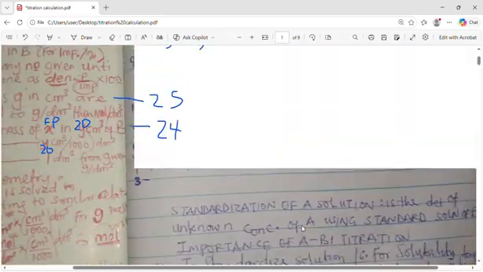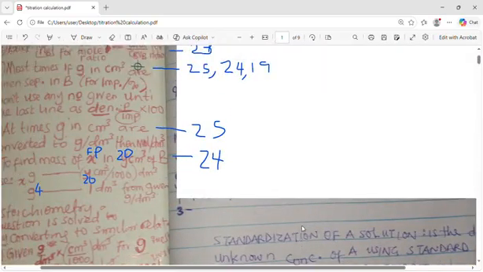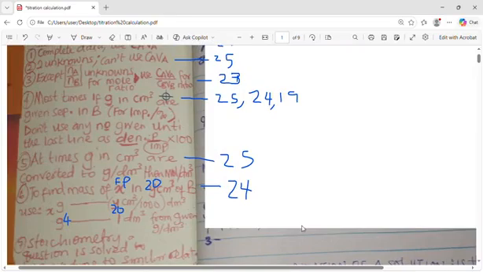Then another point we need to know is point 4: most times, if grams in cm cube are given separately, especially in B, that's in base, though it's not always base but most times it is, it may not be in some cases. If grams in cm cube are given separately in B for impurity or percentage, don't use any number given until the last line, as denominator.